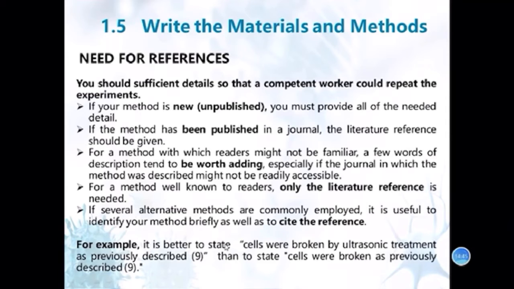It is better to state cells were broken by ultrasonic treatment as previously described, than to state cells were broken as previously described, because from the first sentence we know they were broken by ultrasonic treatment. So it will be good. And you can cite a lot of references here. You don't have to show it in detail if this kind of method has already been published in a journal.